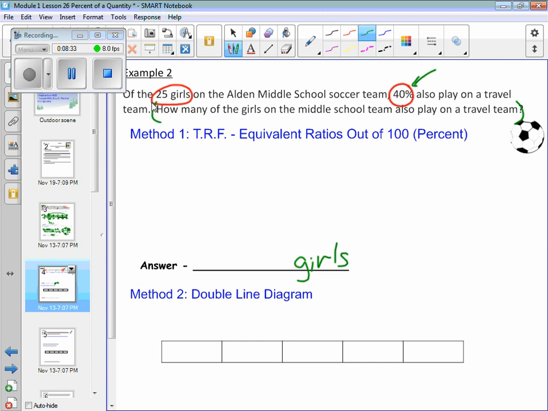What's our top? M. Okay, travel girls we'll call it. Our bottom hasn't changed. That's still total girls. What's the part? What's the whole?